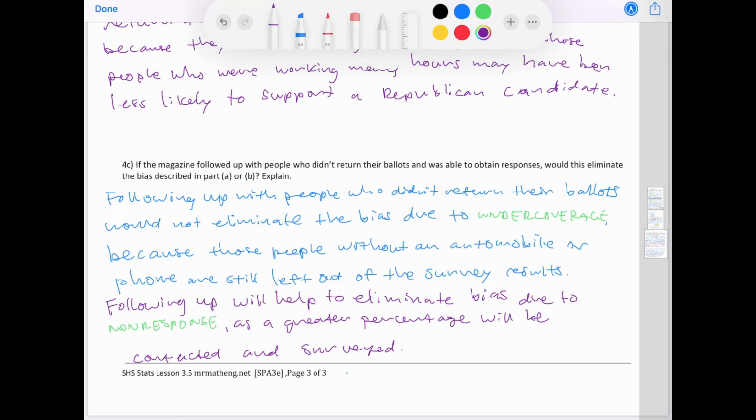Because remember, the survey only went out to people who had an automobile or a phone. So if you didn't have a car, which probably cost a lot of money back then, and a phone, which means you're probably a poor person, then you were left out. So if you did the follow-up, like, hey, how come you didn't respond? Maybe they were just busy, didn't have time. That would just eliminate the non-response bias, because now the people have to respond, right? You're at their door, you can tell them, hey, I'm not going to leave until you take the survey.